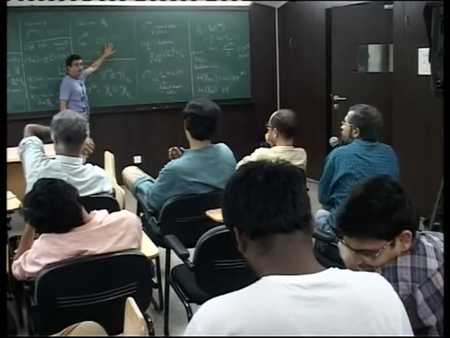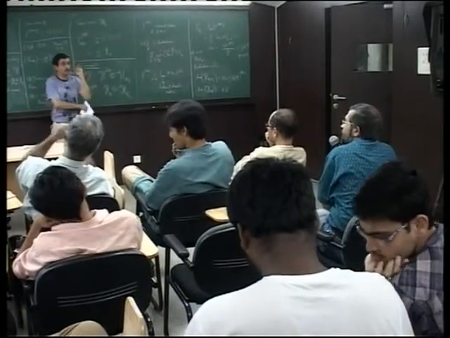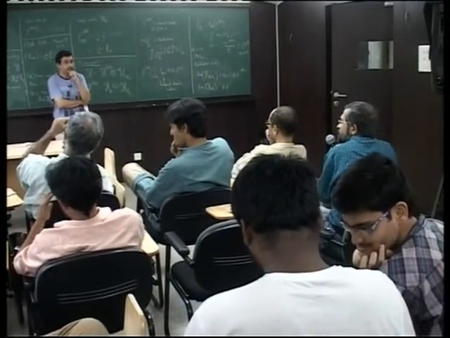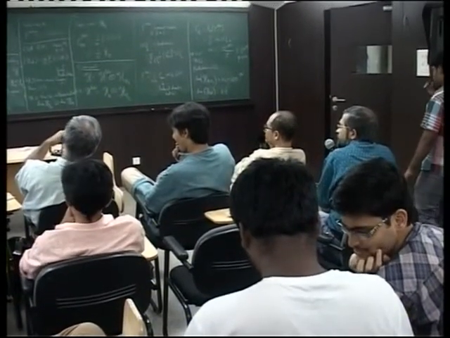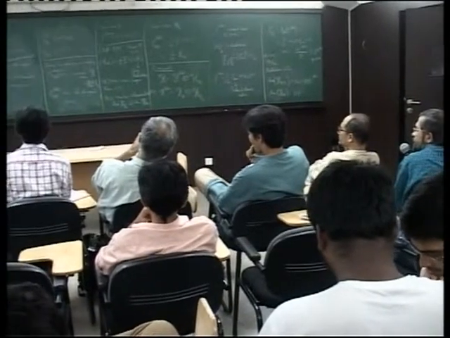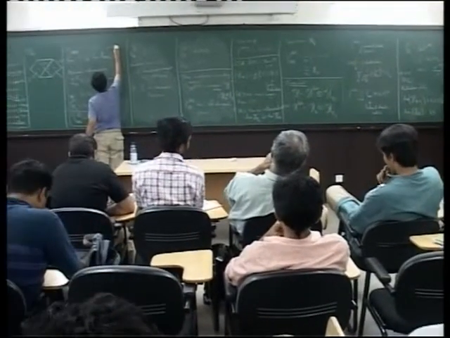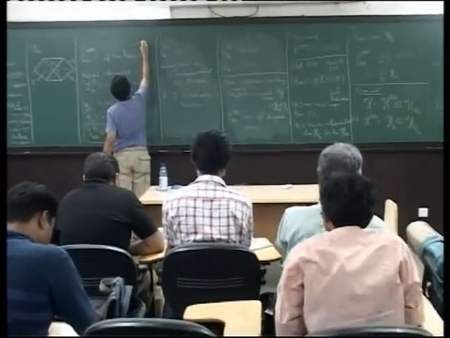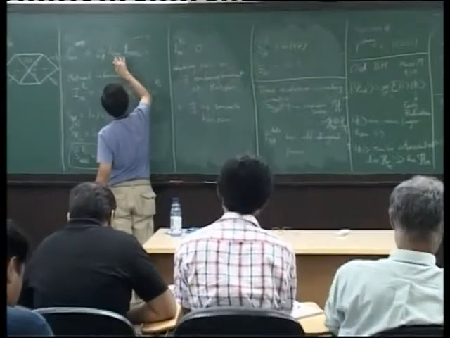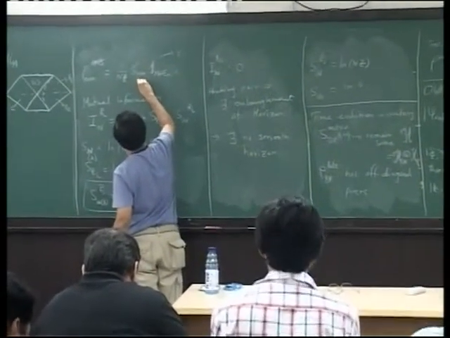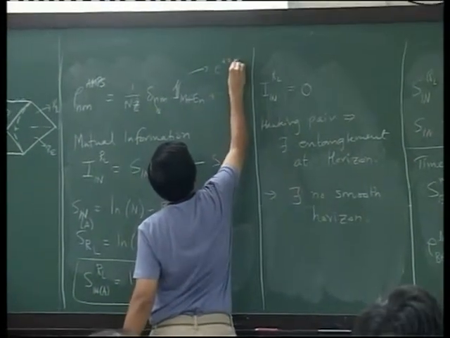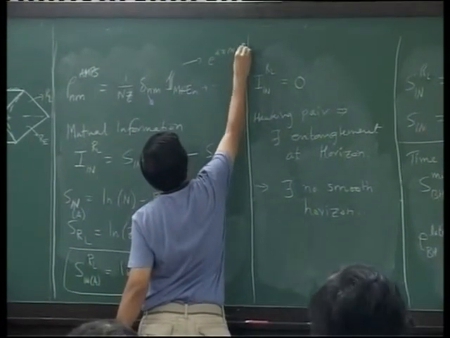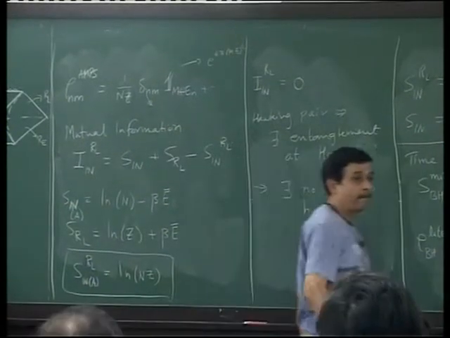What I mean is how many dimensional is the identity matrix there? You mean nZ cross nZ identity matrix? No, there is a delta m in here, which is for the radiation, and this is only the black hole part, which is e to the 4 pi M minus E squared. That is the number.